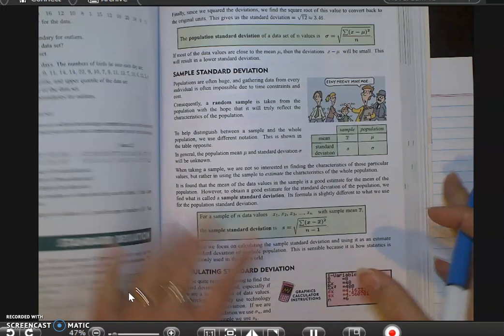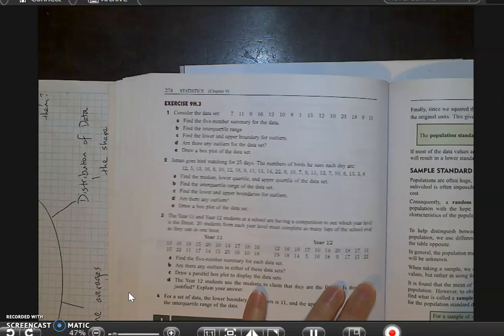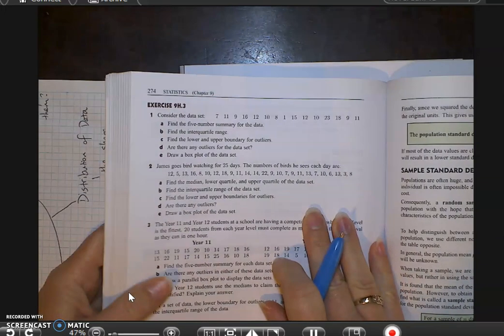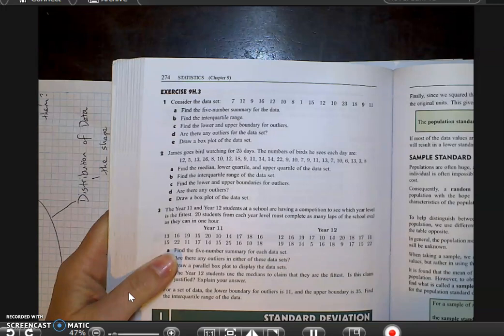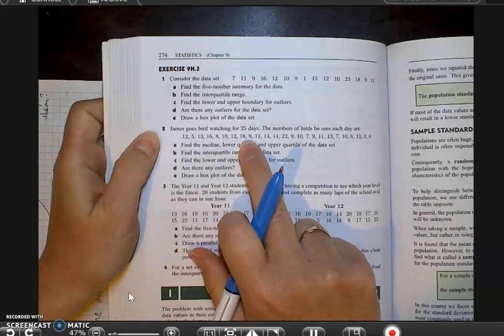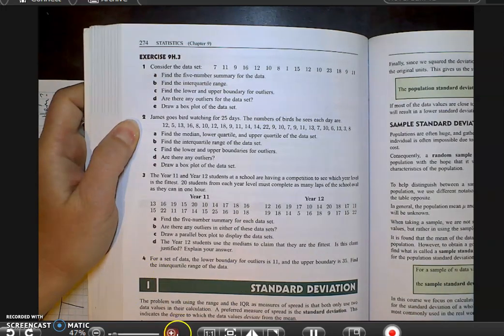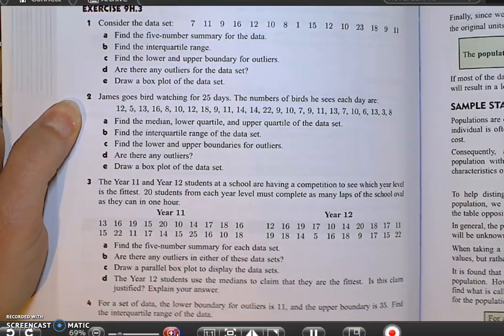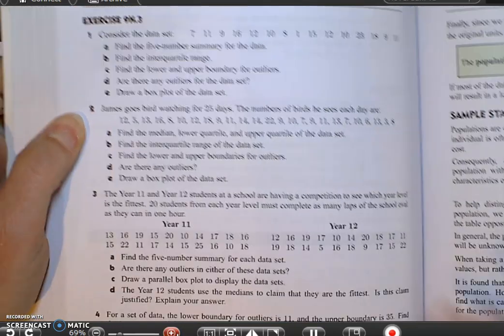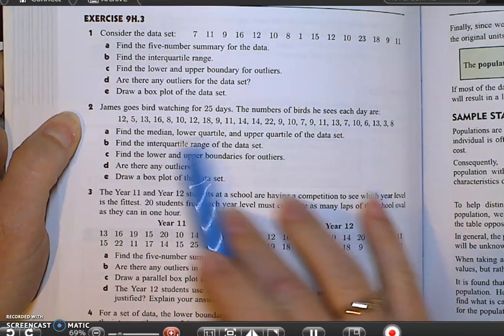Alright, we're going to do question 2 about James and his bird watching. James goes bird watching for 25 days. Let's zoom in a bit. The number of birds he sees each day are all of those.